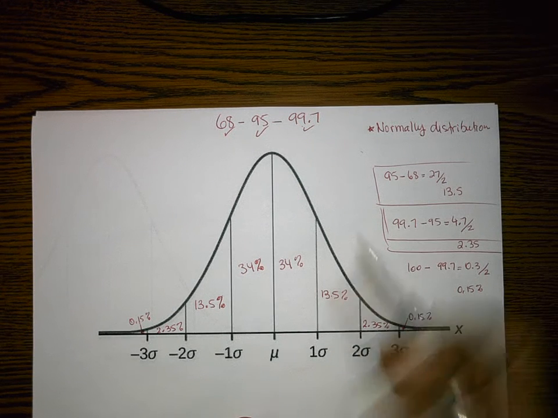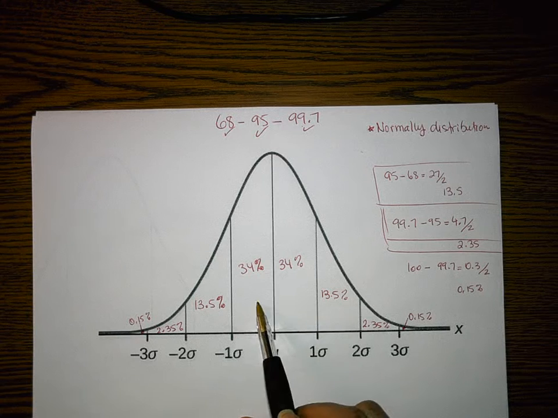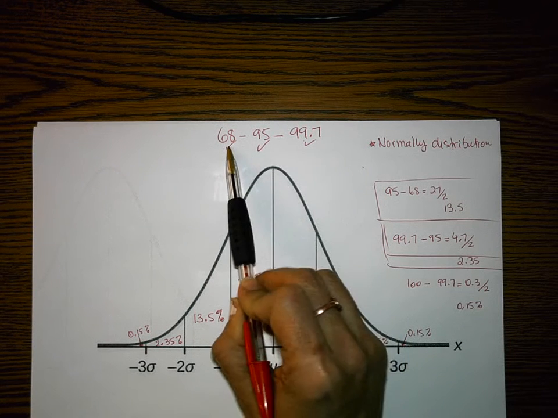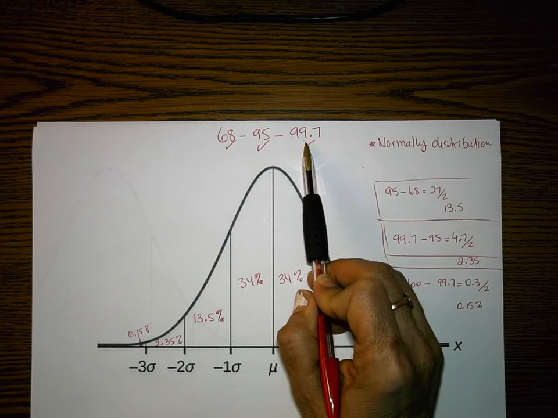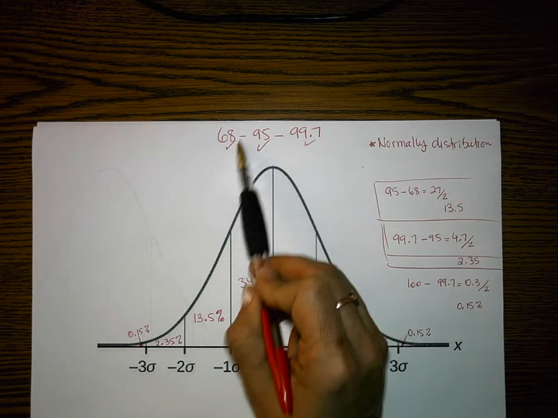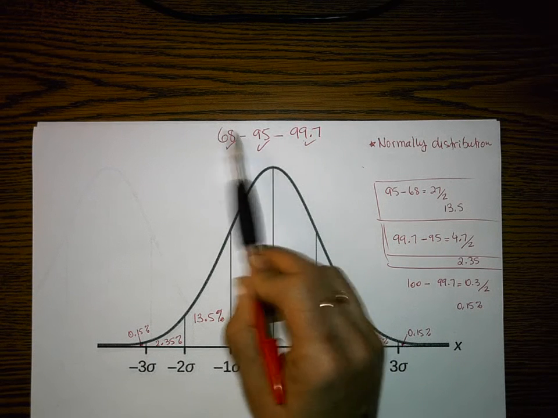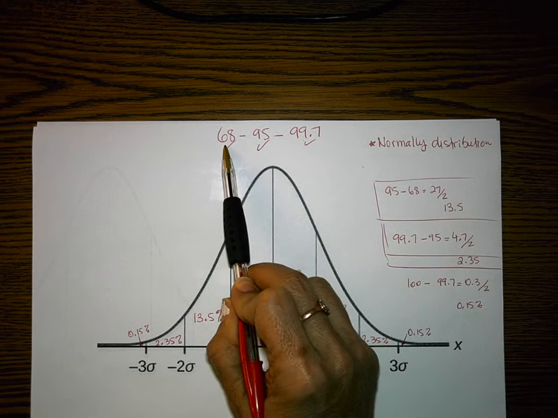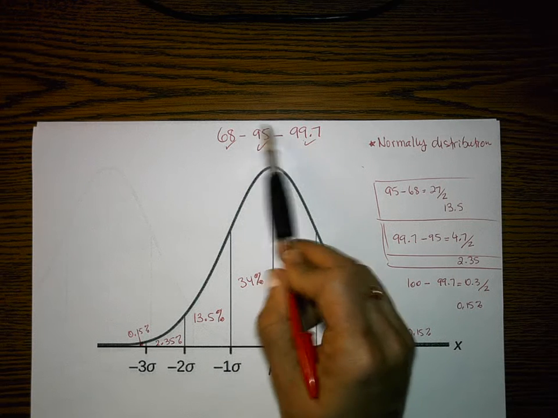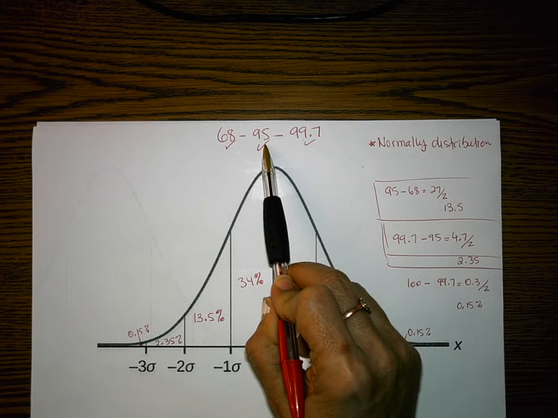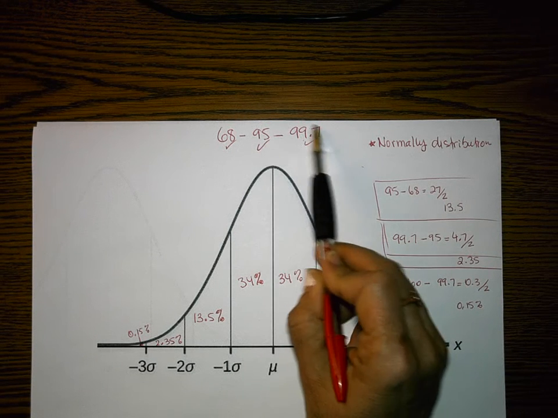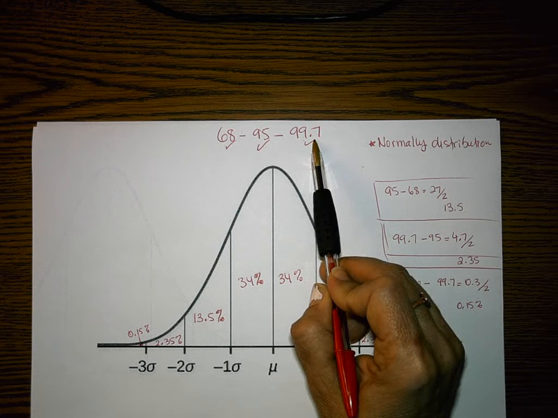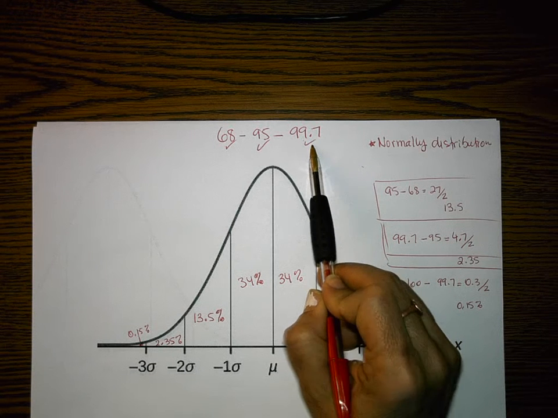Preferably, I would not memorize these values under the curve. I would understand what the 68, 95, and 99.7 means. This means 68% of the data values are within 1 standard deviation, 95% of the values are within 2 standard deviations, and 99.7% of the values of my data are within 3 standard deviations.